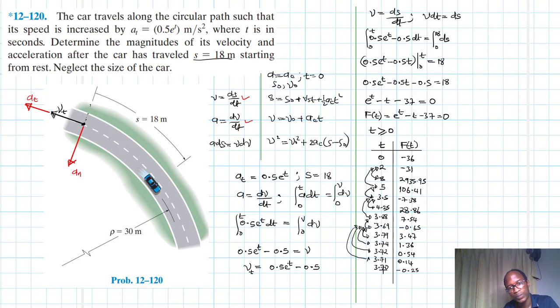So of course the solution is in between 3.71 and 3.70, right? Let's try this one and see where it is going to lead us. 3.705.